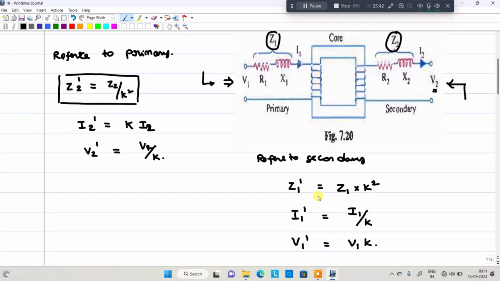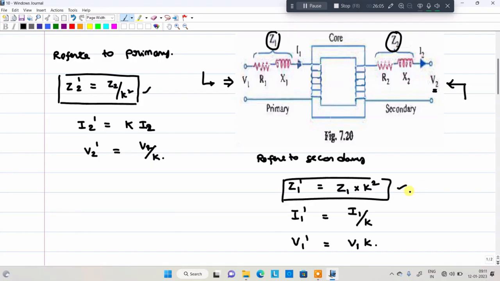So in the examination they will ask you like this: the impedance of a particular transformer on the secondary side is 10 ohms, and that impedance is transferred to the primary side, what is the value? You can simply apply these formulas and calculate the values.